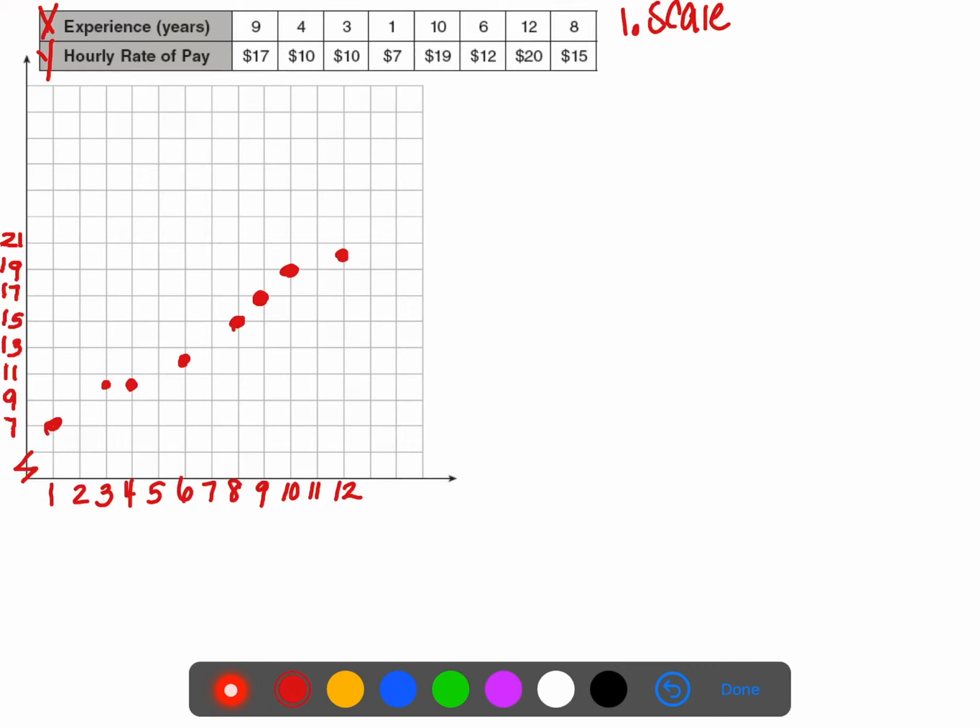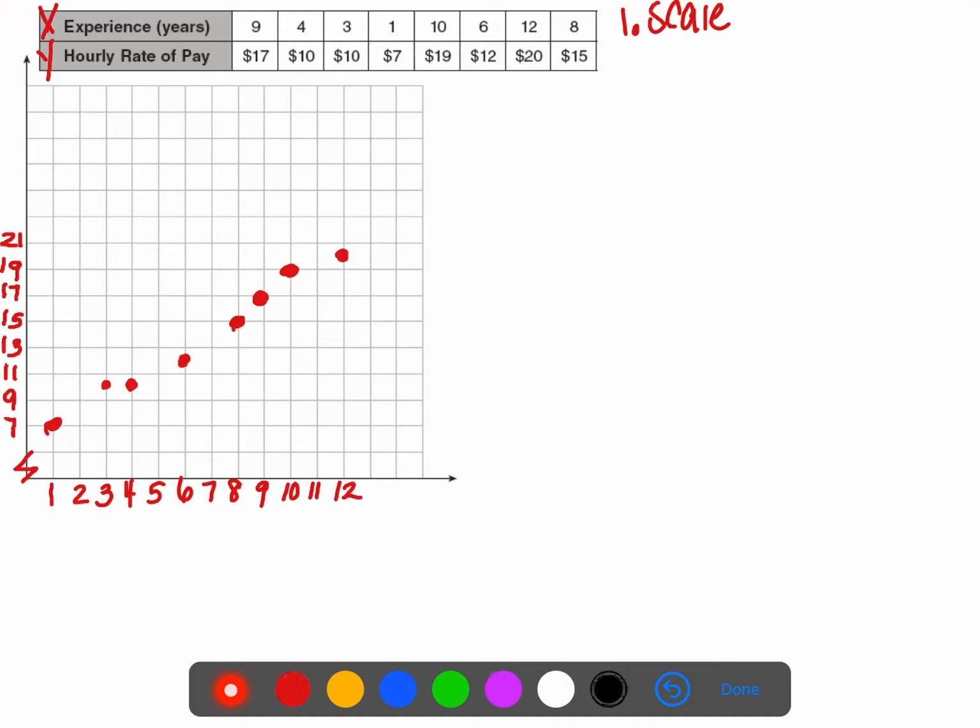Okay, so I have all of my points plotted, and now using a ruler, you're going to try and put in a best fit line. I'm looking at my points. I want to make sure that I go through at least 2 and that it represents the data as closely as possible.